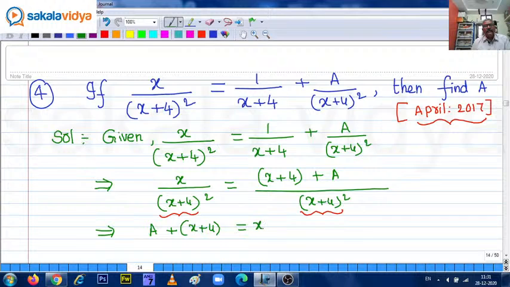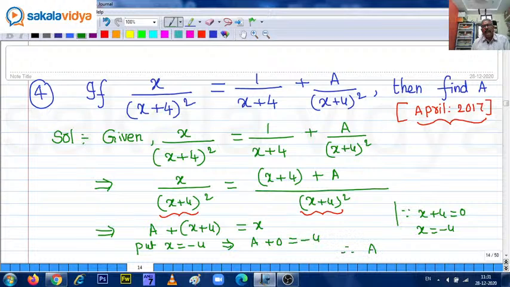Suppress x plus 4. That means x plus 4 equal to 0, x is equal to minus 4. So put x is equal to minus 4. That means a plus 0 equal to minus 4. So therefore a is equal to negative 4. This is the answer.